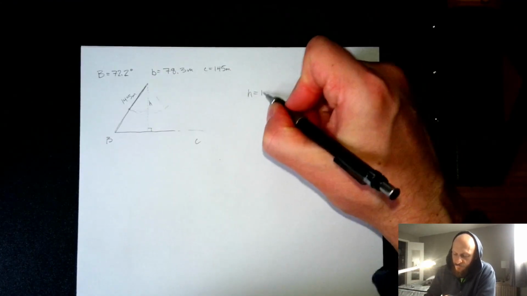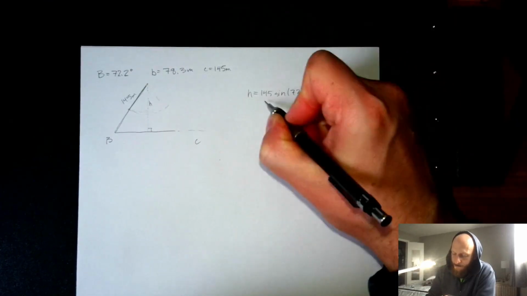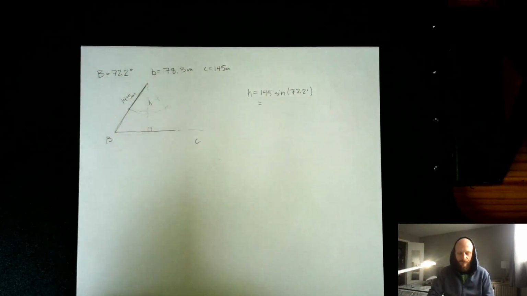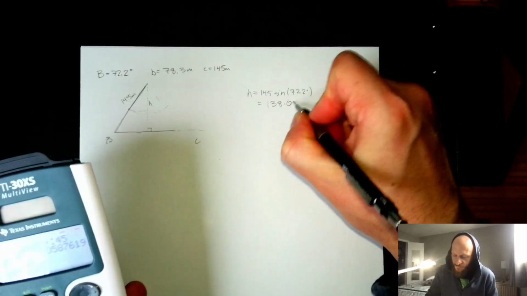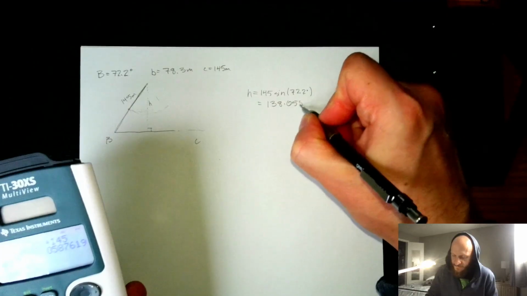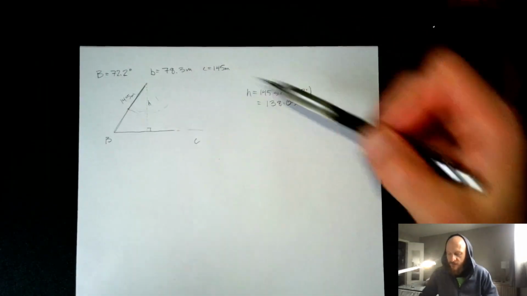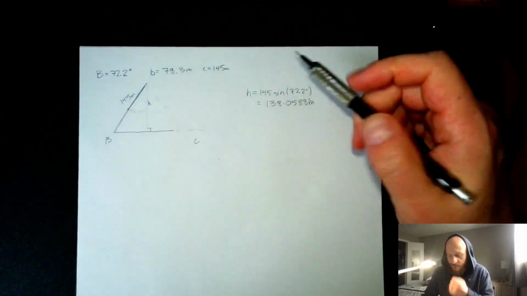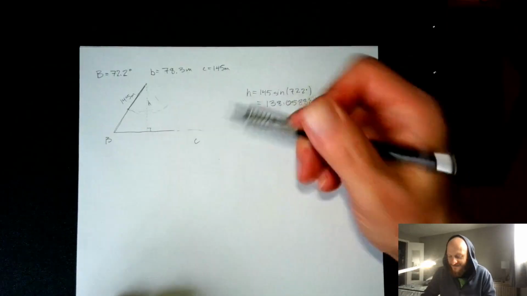So H is 145 times the sine of 72.2, which is 138.0588 meters. So this height right here is 138 meters, but side B is less.